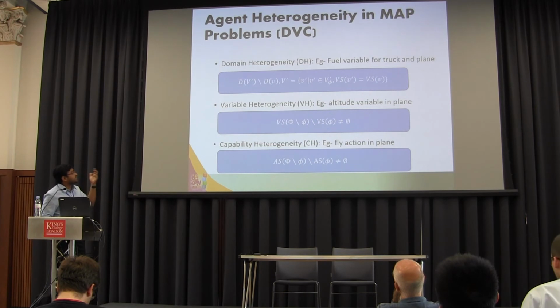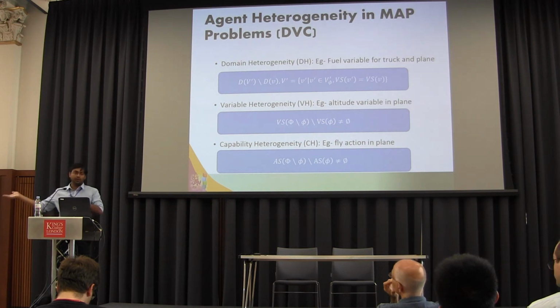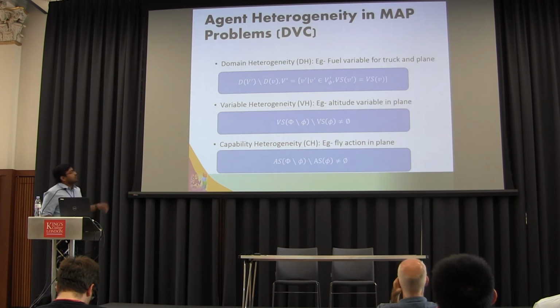We say the agents have variable heterogeneity when certain agents have variables that the other agents don't, like altitude for planes, which is not there in truck. We say the agents have capability heterogeneity when certain agents can do certain actions that the other agents can't, like truck can drive while plane can only fly. So we call this agent heterogeneity BBC, because these are the three types of heterogeneity it can show.